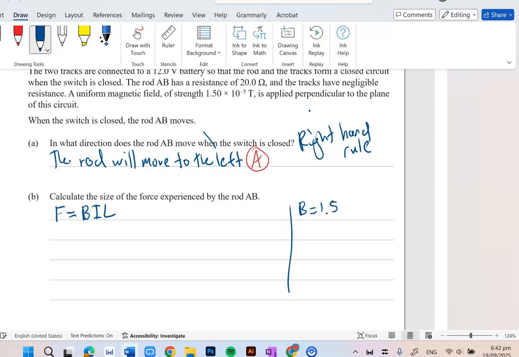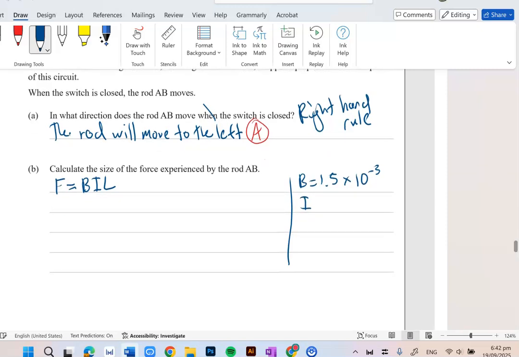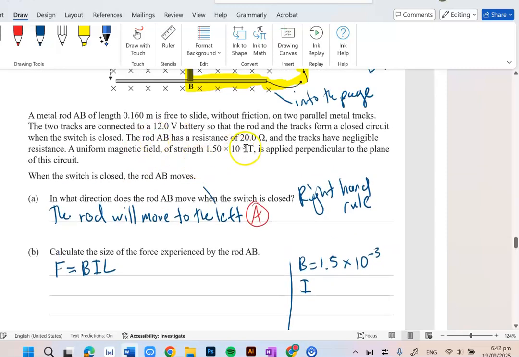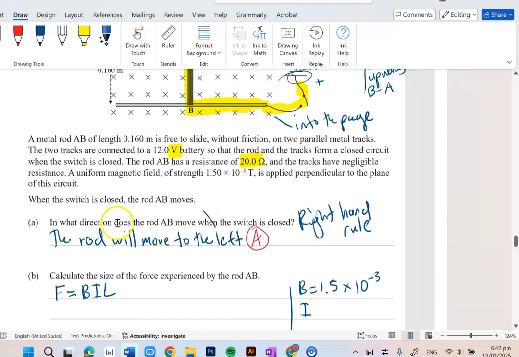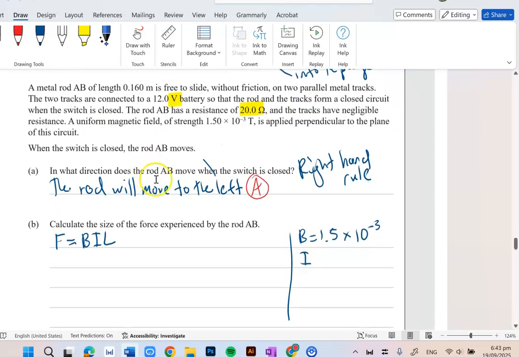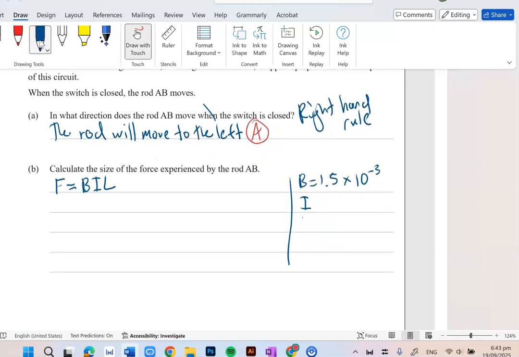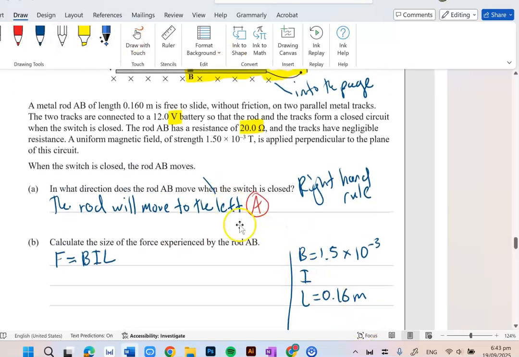Our I, we don't know what that is yet, so we're going to find it. It doesn't tell us anywhere. They give us a voltage and a resistance, so we can find the current. And our L is just the length, which is 0.16. I've already converted it to meters, so that's good. So 0.16 meters. We've got to find I before we can do anything.